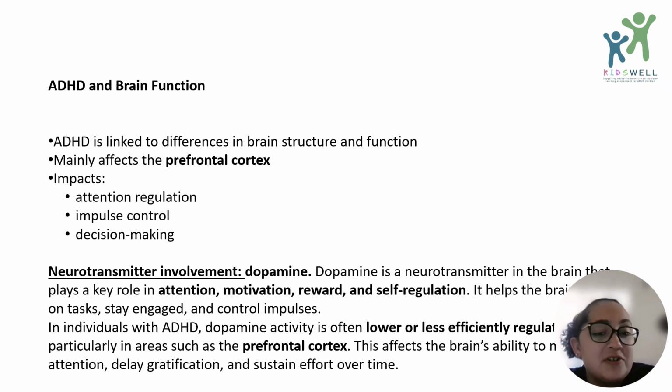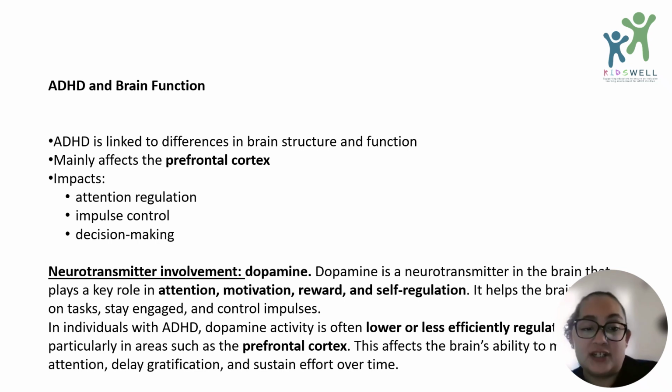The neurotransmitter involvement is dopamine. Dopamine is a neurotransmitter in the brain that plays a key role in attention, motivation, reward, and self-regulation. It helps the brain stay on tasks, stay engaged, and control impulses.